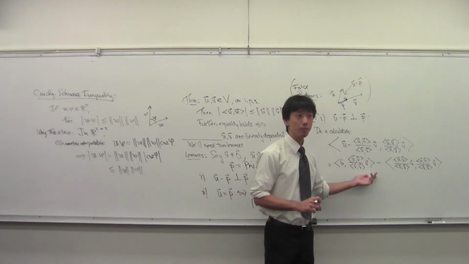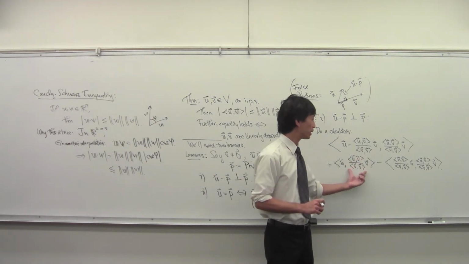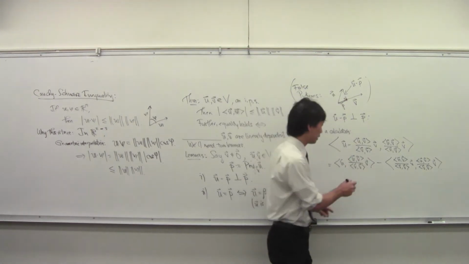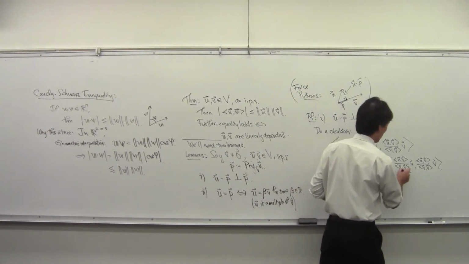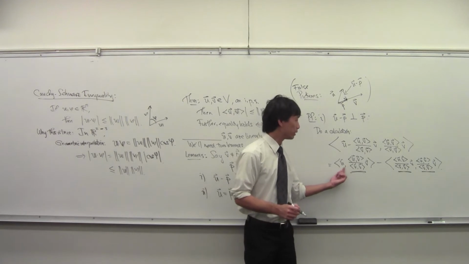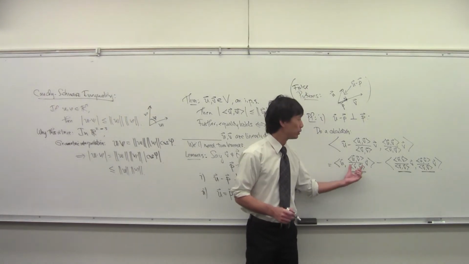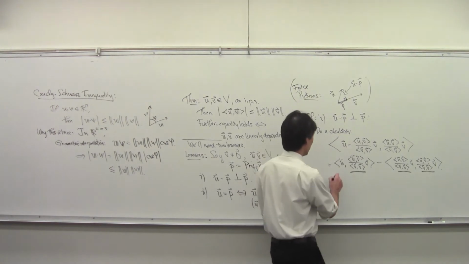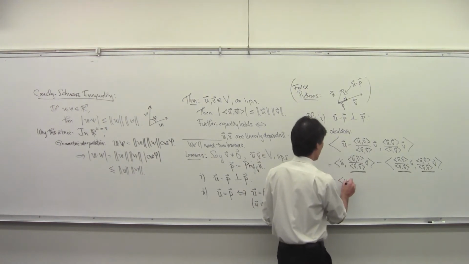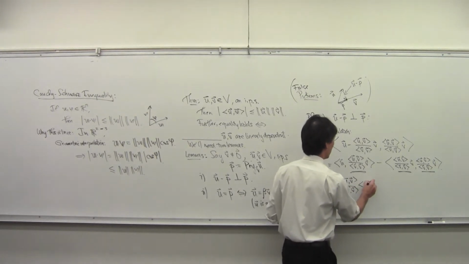What else can we do using linearity? Well, we can pull this constant out. Don't get confused. These things are numbers. These guys are vectors. You're scaling the vector by some number, so you can pull those scalars out. So you get UV over VV, and you're left with UV here.